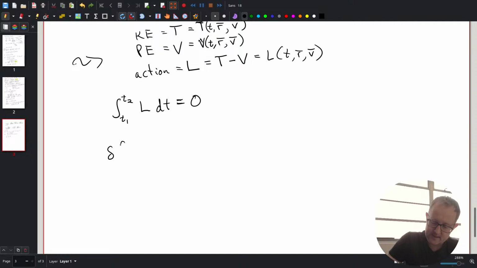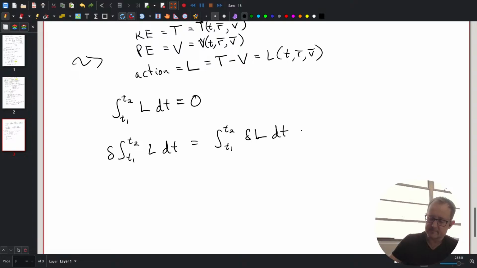So I could say this delta of the integral from t1 to t2 of L dt is the same thing as the integral from t1 to t2 of delta L dt.